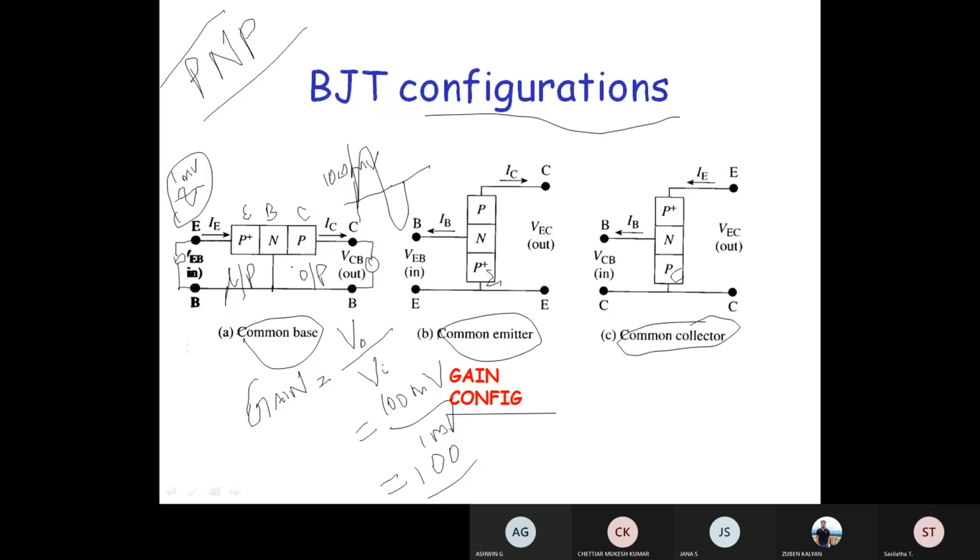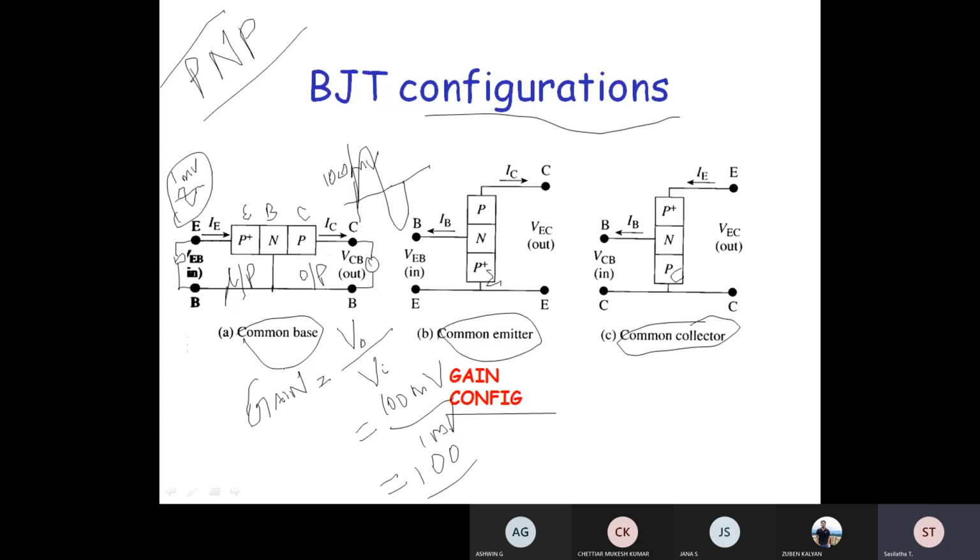What I explained was that in the common base configuration, if the input voltage given to the transistor is 1 millivolt and the output is 100 millivolts, the gain is the output voltage divided by the input voltage. This is just for example. 100 millivolt divided by 1 millivolt gives you 100. This is the gain, or the amplification factor. The input voltage is amplified 100 times by this transistor.